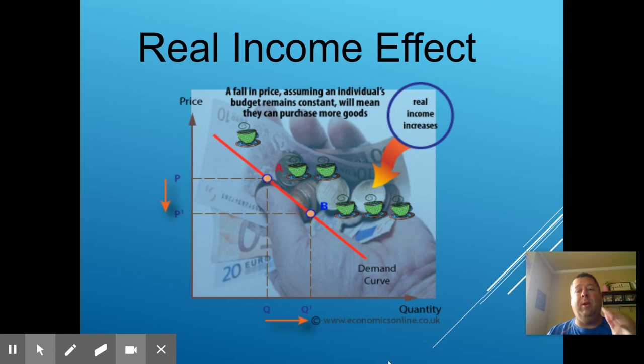So a couple vocab words here that you'll see. Real income effect, guys. A lot of times I always revert to electric bills, water bills, things like that, because your income stays the same. Let's say the price of your water bill, especially during July and August of summertime, your income stayed the same, but your water bill was $200 more that month. That's real income effect.